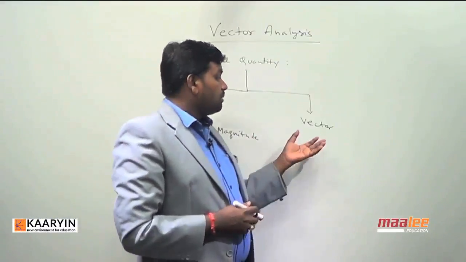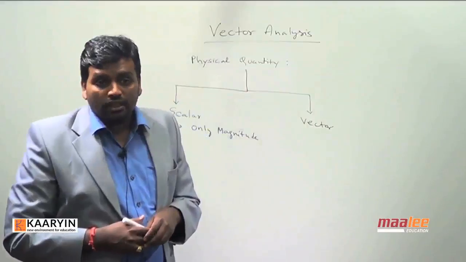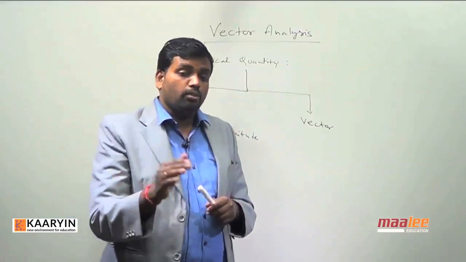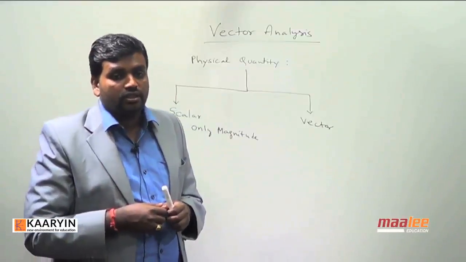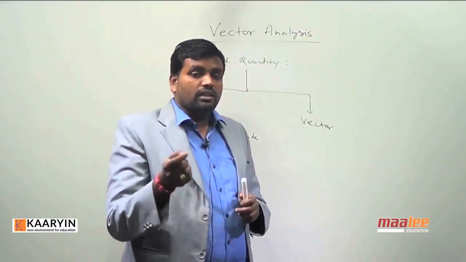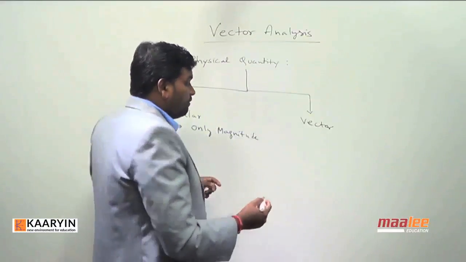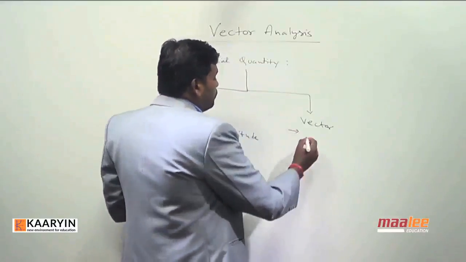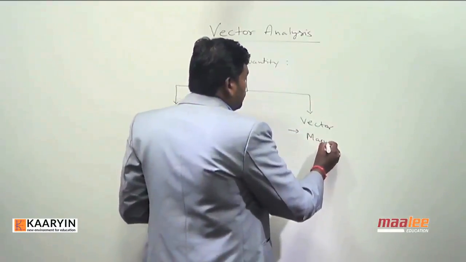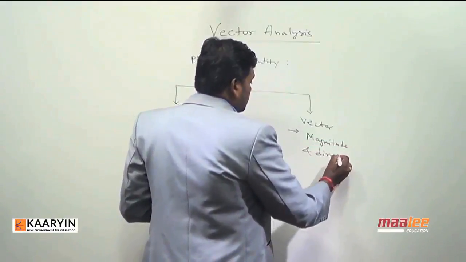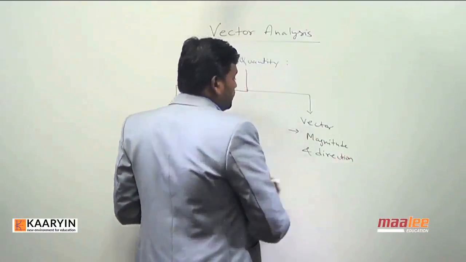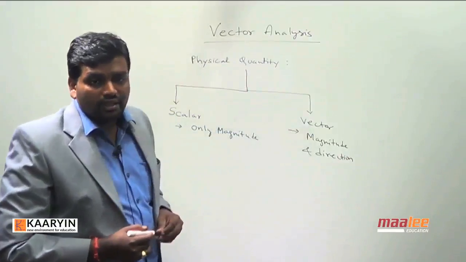Okay. What is meant by vector quantity? Vector quantity means if a physical quantity has both magnitude and direction, then we say that quantity is a vector quantity.